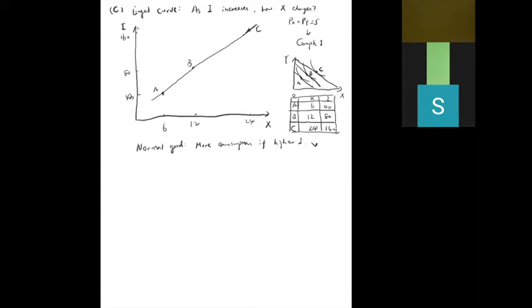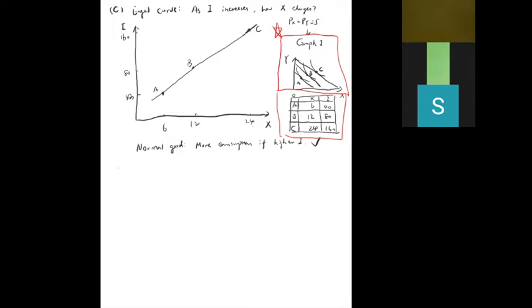That's why it is a normal good. Okay, so that is for part C. And for part C, I think the translation from this graph to this table is the key.